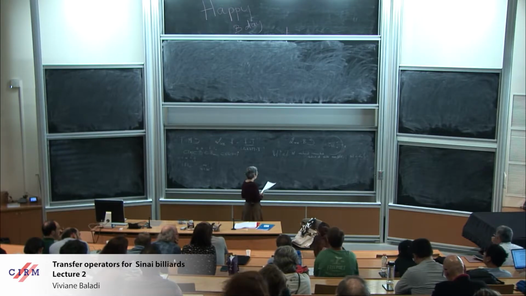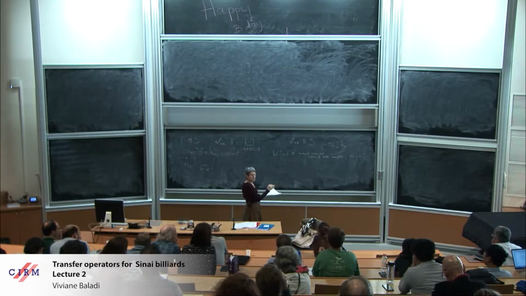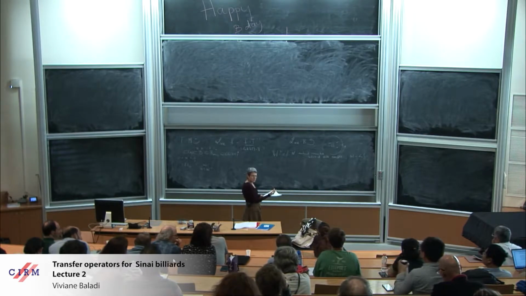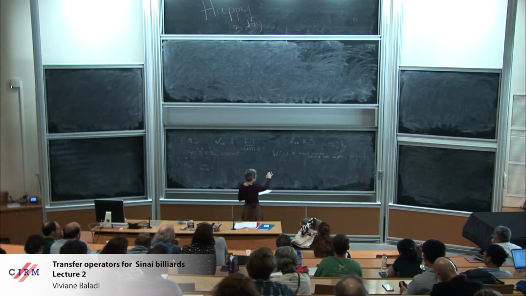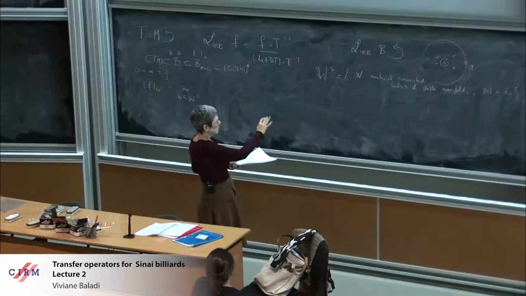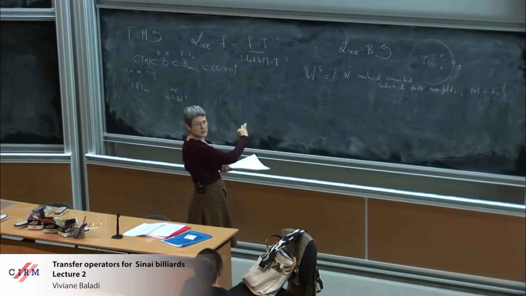I think this is a correct definition. Maybe you're worried about what happens when you iterate, and when you iterate, yes, you have to cut them. But the definition, I think, is formally correct. You take any subset of a stable manifold which is connected, which is not reduced to a point or to the empty set, and which has length smaller than delta 0.